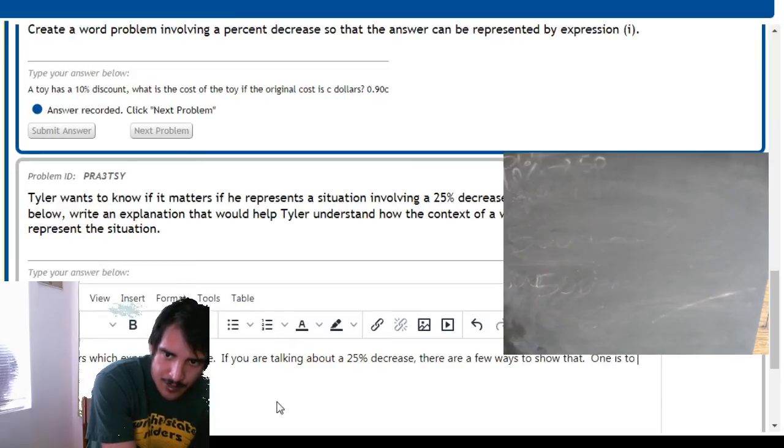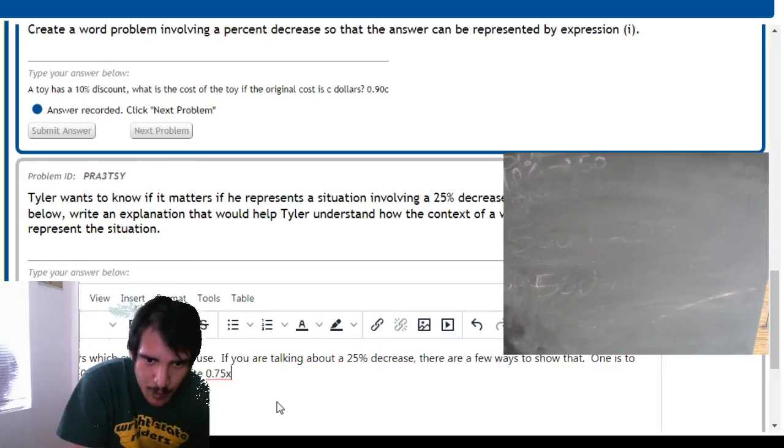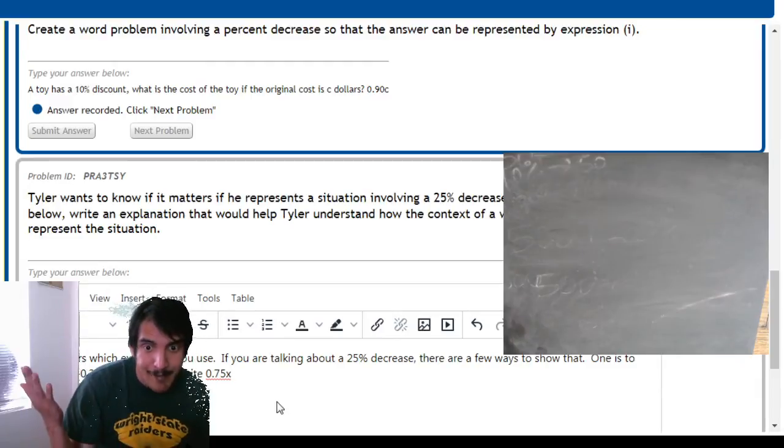One is to write 1 minus 0.25x, and one is to write 0.75x. So if you're doing 25% off, you could either write 1 minus 0.25, which means 25% off, or you can write 0.75, which is 75%.